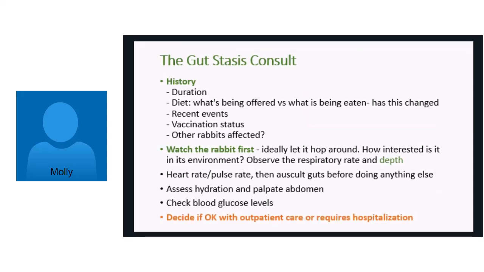However, for the past week or so, he perhaps hasn't been eating hay very well, or perhaps hasn't been eating pellets very well. So it's very important to differentiate between what's being offered in terms of diet and check that you're comfortable with that, as well as comparing that to what the owner thinks the rabbit is eating.